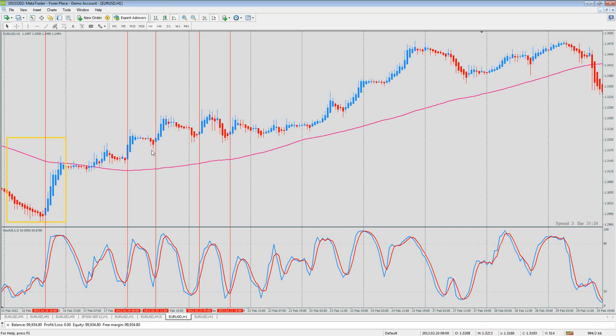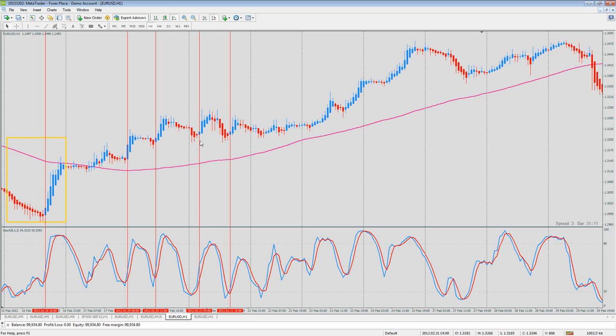So let's say you enter in any of the entry points here, just let the trade evolve a little bit before you enter again, and let's say have at least 30, 40, 50 pips before you add to the trade, so that even if you close the second or the third trade in loss, you still have enough profit from the first trade.